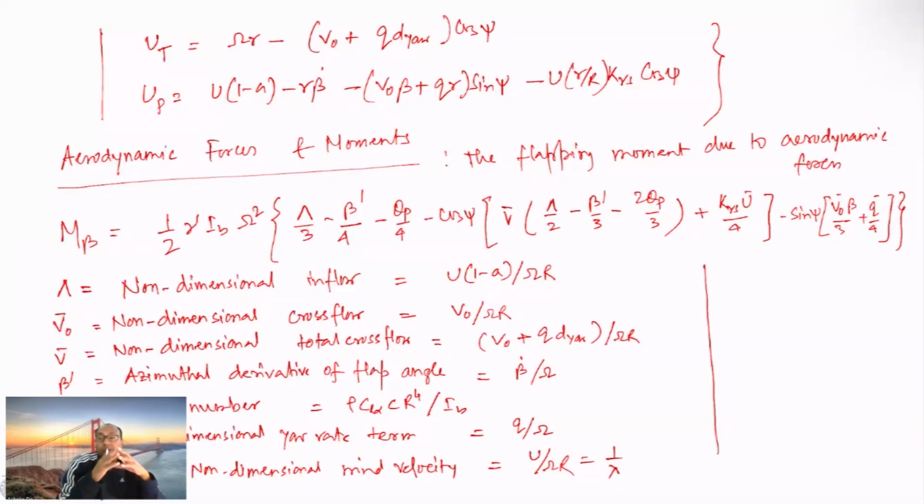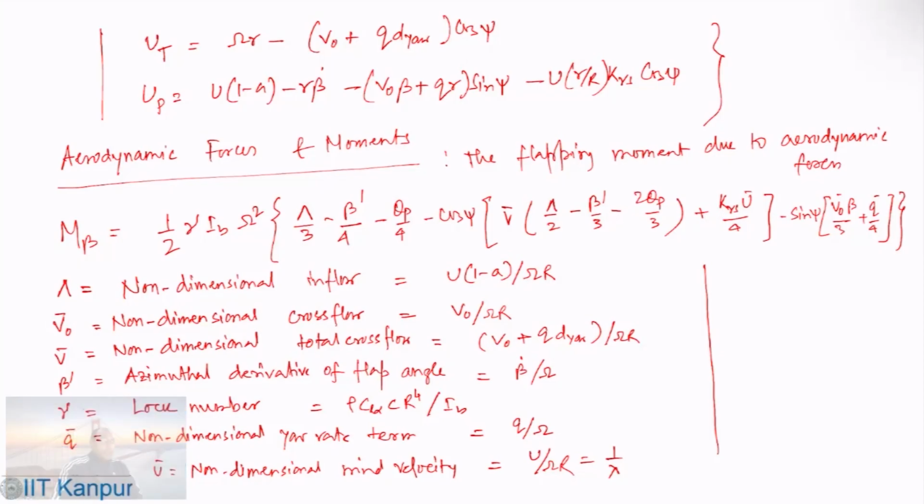They have been defined either by non-dimensionalizing based on the tangential component of the wind velocity or in terms of the angular velocity. So we have all the non-dimensional inflow, cross flow, total cross flow, Lock number, yaw rate term, wind velocity, everything. So now we look at the derivation of these components.